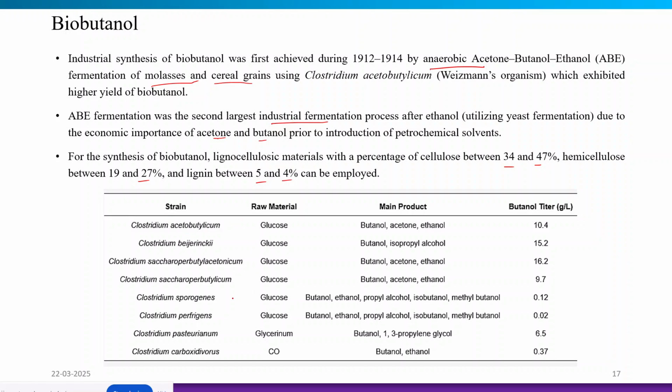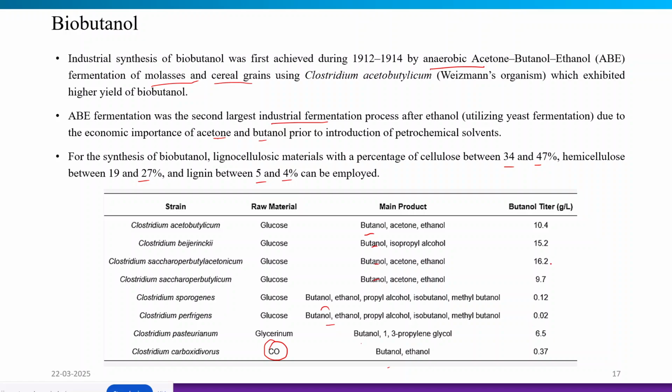Here you can see some of the strains which have been used to produce butanol in this ABE fermentation process. Most of the strains are Clostridium species, and different strains are used. Raw materials are mostly glucose, and some carbon monoxide is also used.